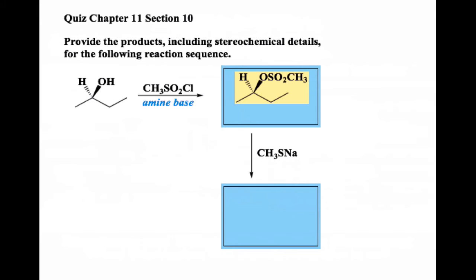It's secondary. I can do SN1 or I can do SN2. Why does this one favor SN2? Because the leaving group's really, really good, and the nucleophile is really, really good, right? Would I do this in a polar protic or a polar aprotic solvent? Polar aprotic. And we end up with the product where we completely inverted the stereochemistry.